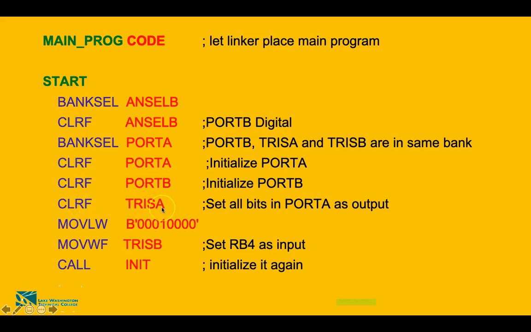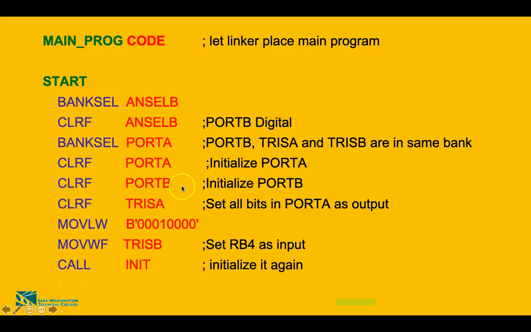And what does this instruction mean? It means that you're setting all the bits in the port A as your output. Okay, and then this port B, you have cleared all the bits, and port B you'll be using because you remember you have RB4. RB4 is in your port B, and that RB4 we'll be using.